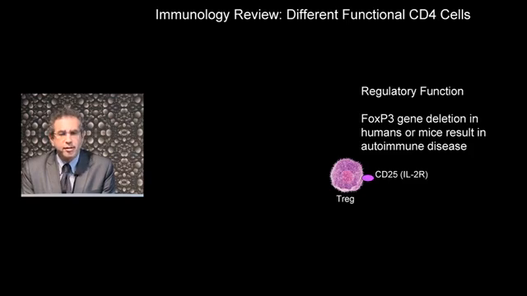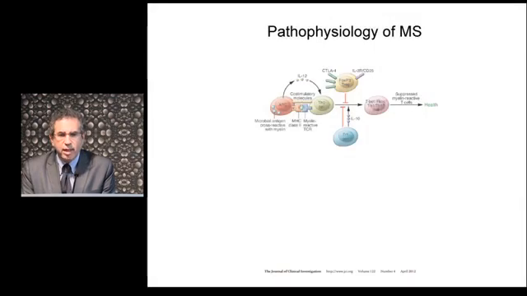So if one looks at this slide from a review published last year in the JCI, we have this pathophysiology of multiple sclerosis, where antigen-presenting cells present self-antigen to T cells. Perhaps the antigens are cross-reactive with other microbial antigens, leading to activation of autoreactive T cells.